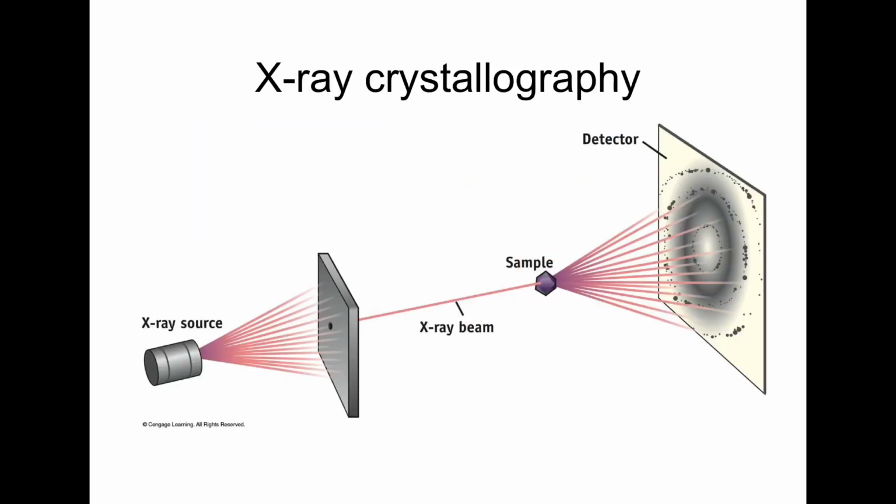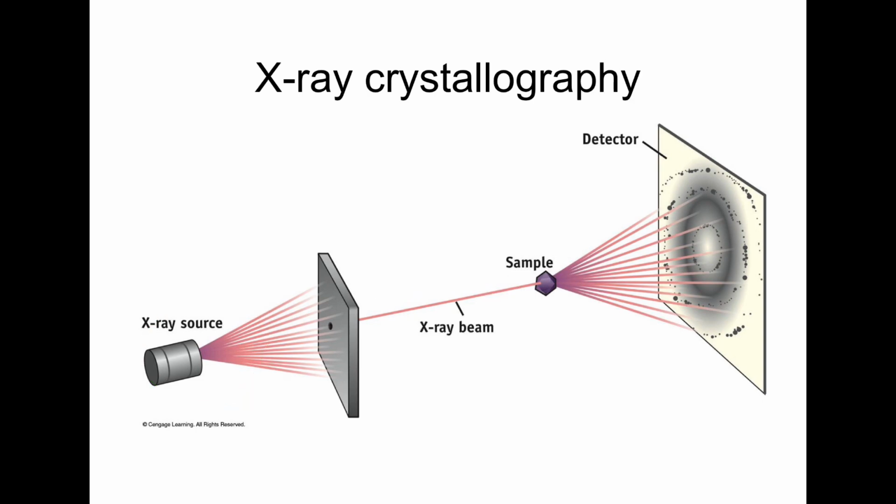How we measure the spacing between atoms is with a technique called X-ray crystallography. Really simply, an X-ray crystallography instrument uses an X-ray source and basically makes an X-ray laser out of it. That's called collimation. They just control where the beam is going.